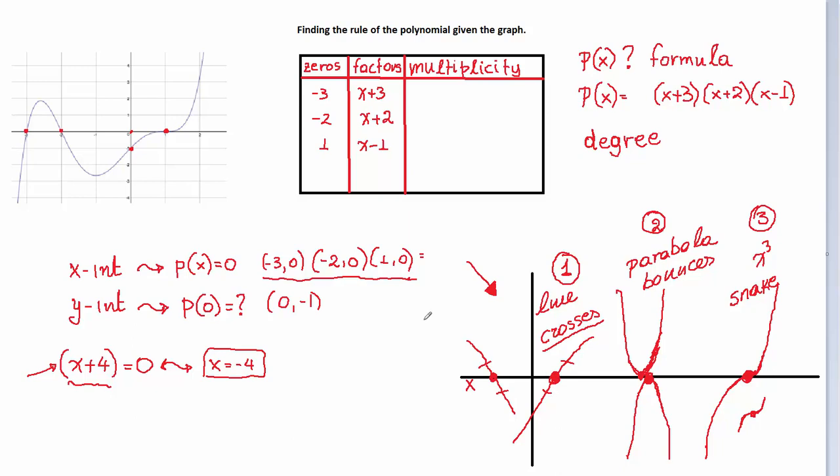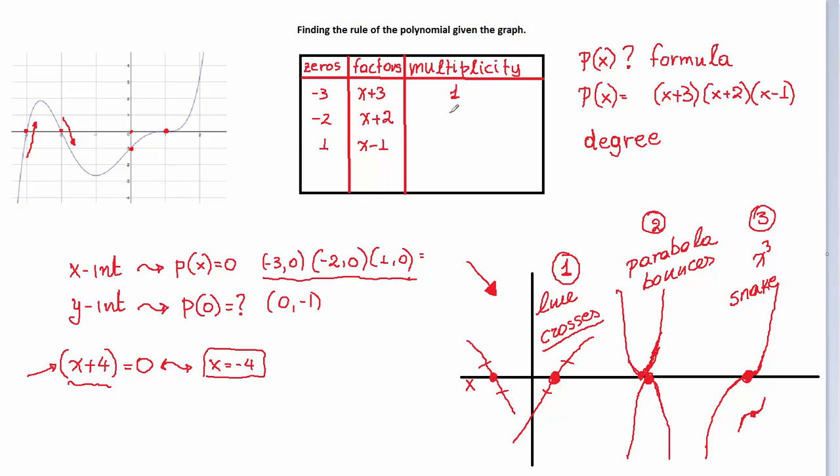Now let's look at our polynomial to find the multiplicity for each one of the zeros. For the negative 3, we can see that the line just crosses the x-axis. Since it crosses the x-axis, the multiplicity will be 1. We look at the number negative 2 and we see again that the curve just crosses the x-axis, downwards, but it crosses it.